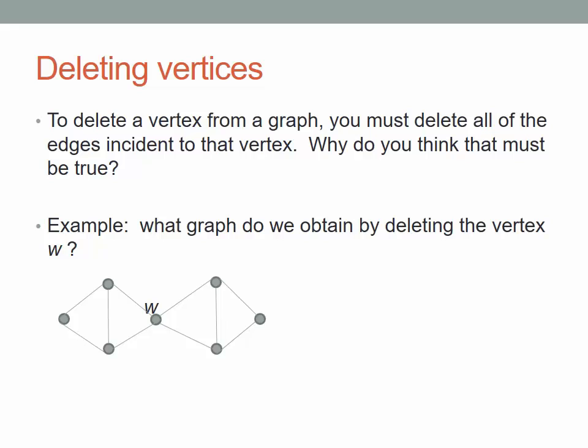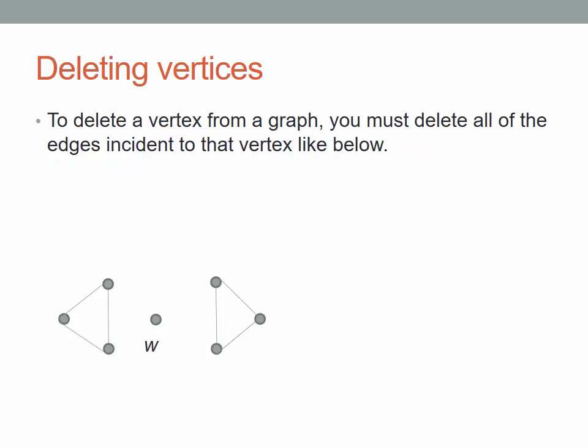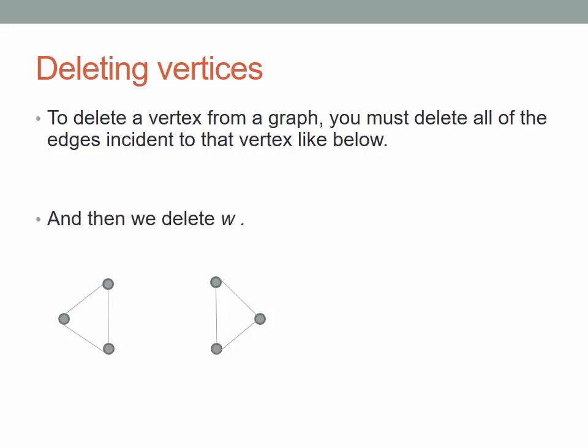And the answer to that is yes, because it takes two vertices to define an edge. So if you remove one of the end vertices, you have to remove the edges that are incident to it. So first, we can think of removing all the edges incident to W. And then we delete W. And this is the resulting graph that we obtain if we delete the vertex W.